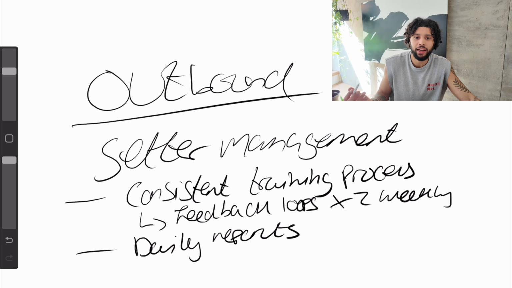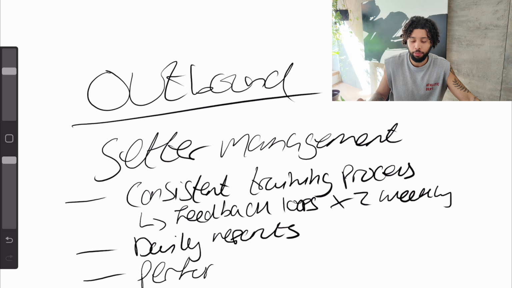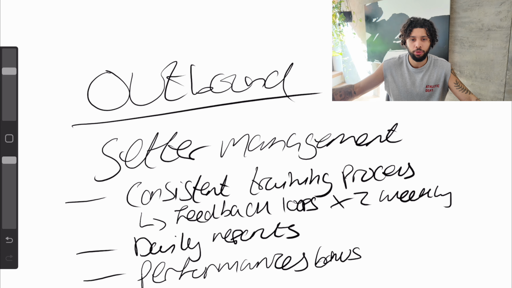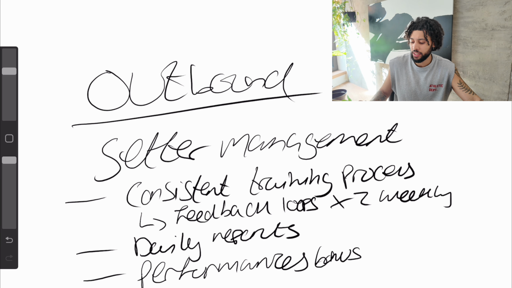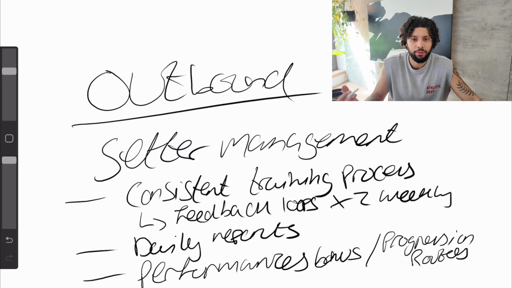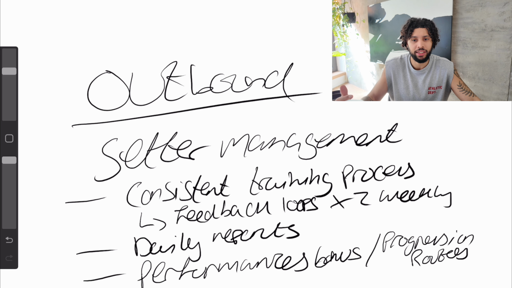And then something that I love to have in all of my sales teams are these 2 things: performance bonuses. So when your setter is overperforming, then you want to provide incentives for them to continue to do that. So I usually add percentages on top of their commissions when they hit targets or other bonus incentives. And what you also want to do is offer a clear progression route. You want your DM setter to feel like there's progress in the company.